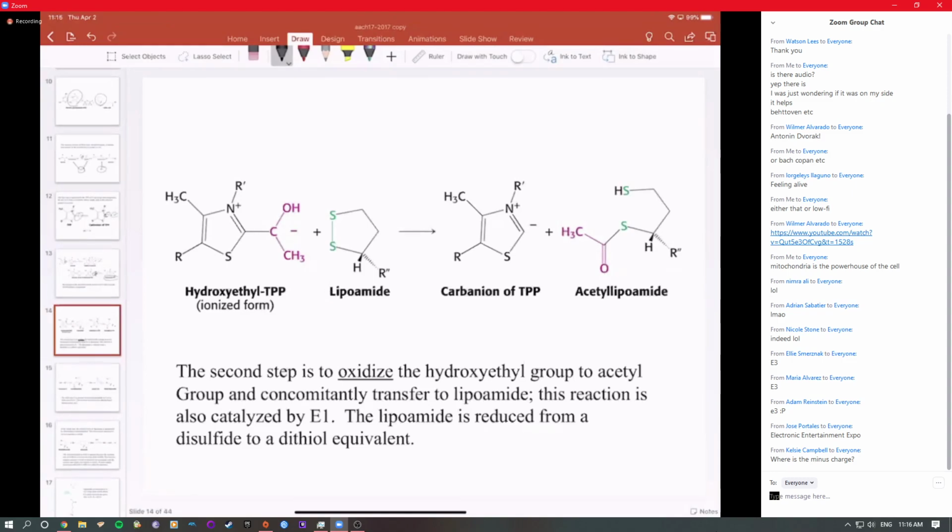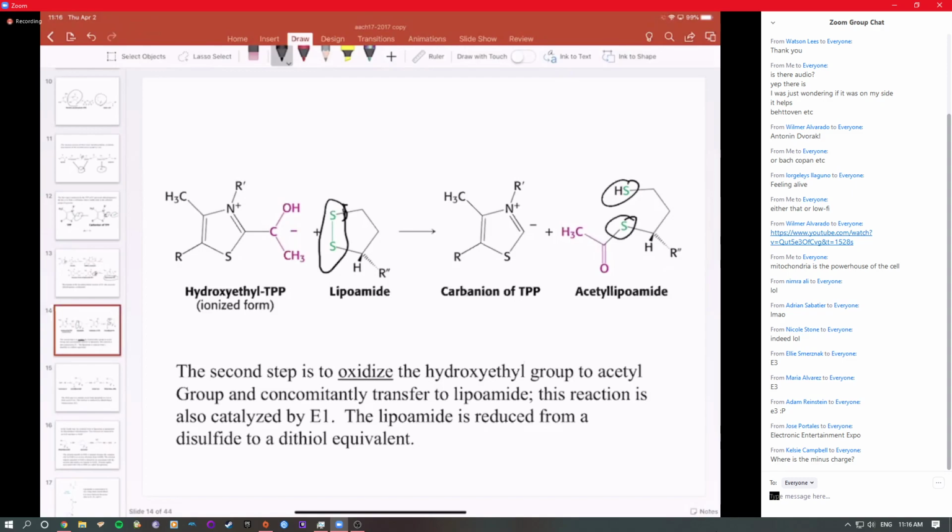What happens here, of course, is this on the left side is equivalent to a disulfide. Over here on the right side, we have two, in effect, thiol groups. So we've taken a disulfide bond and reduced it down to thiols, and that's a reduction.